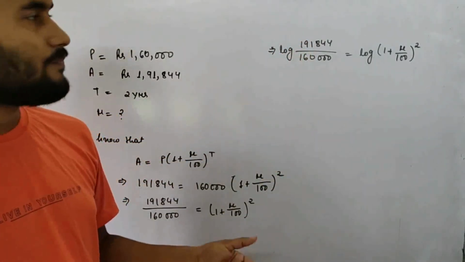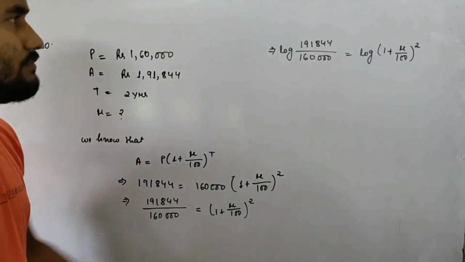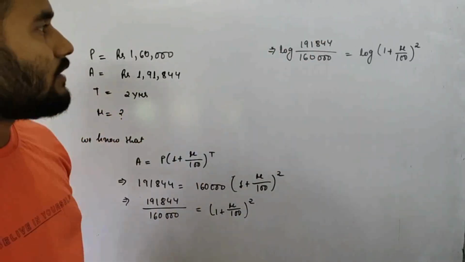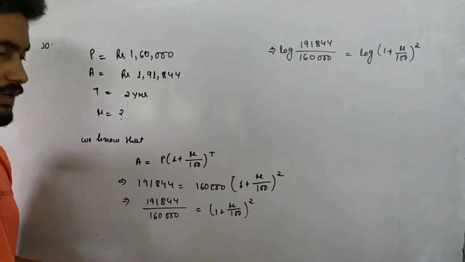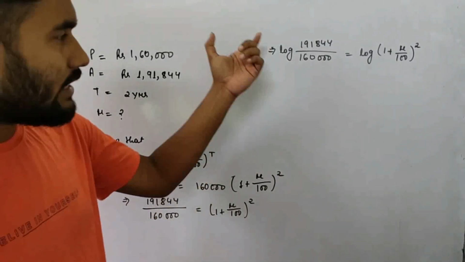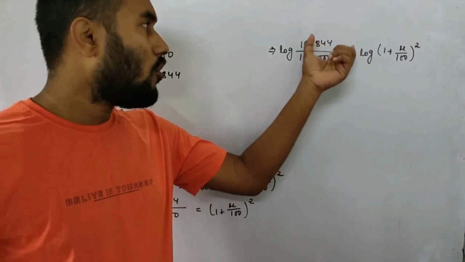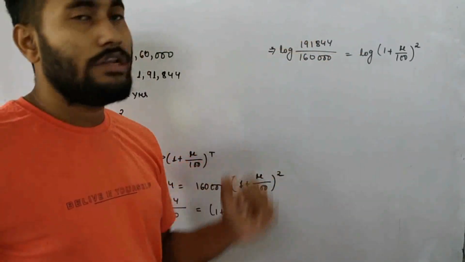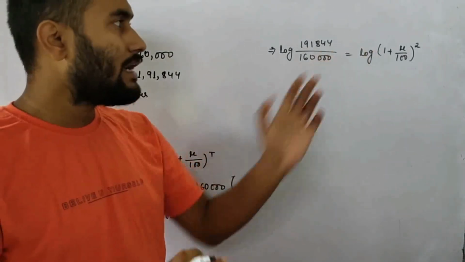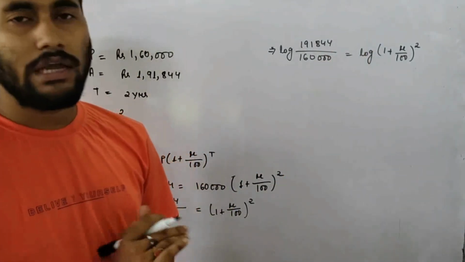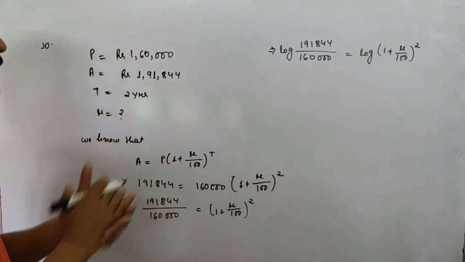Log a minus log b. So then you have to break this one, and the log 1000 terms will get cancelled. If in the examination the value is given, directly write the characteristic and put the value, or else you have to break and divide this one. So do the simple calculation. At last, to find r, use anti-logarithm and you will get your value. Okay, so do the calculation part by yourself.